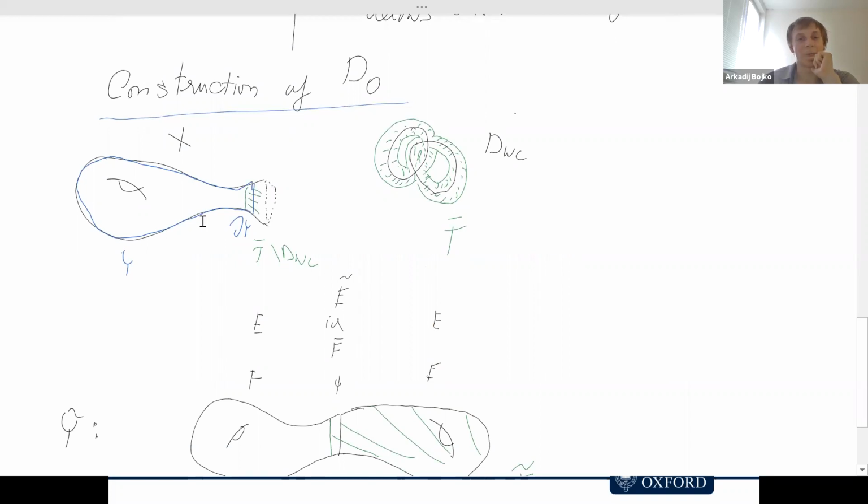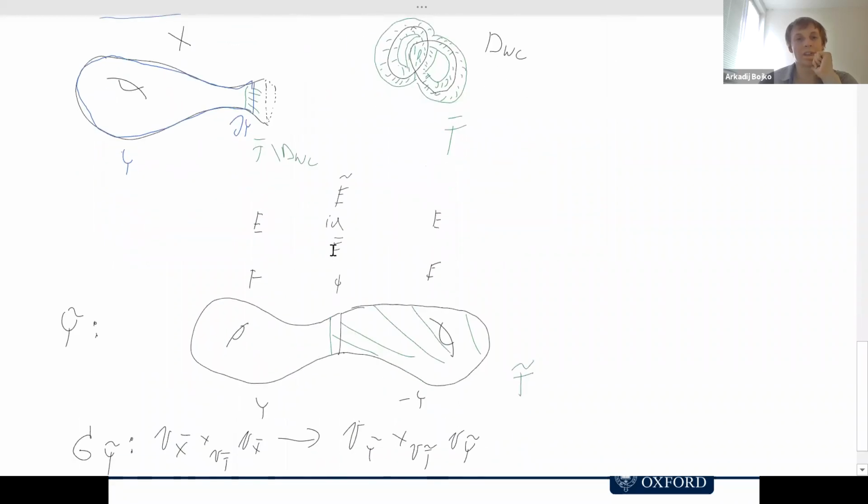Then I construct a submanifold Y of X with a boundary, such that the boundary lies inside this tubular neighborhood that I just created. And I construct a double of this manifold by gluing Y along dY to itself.